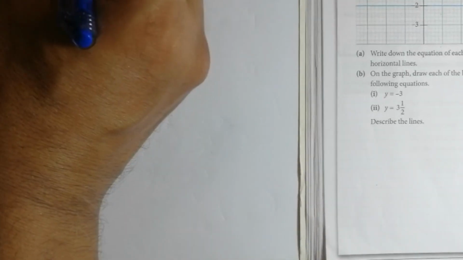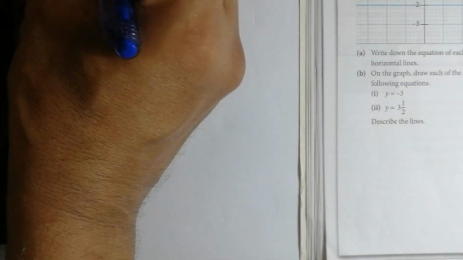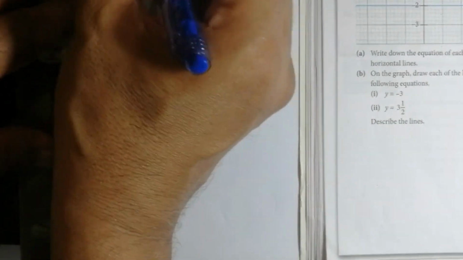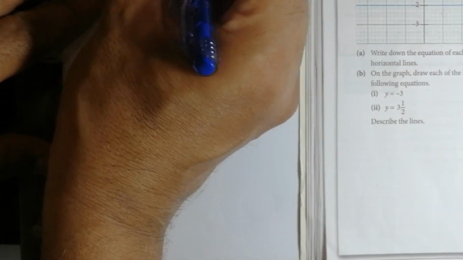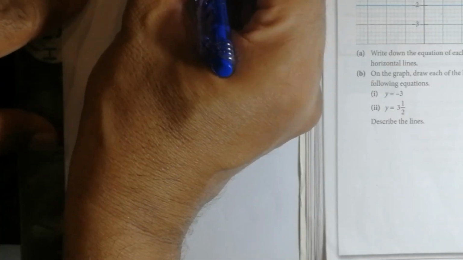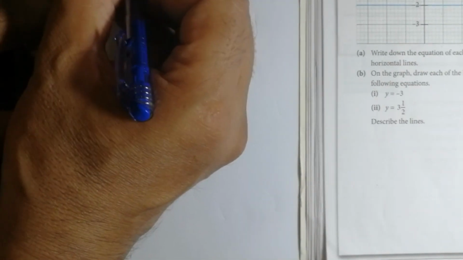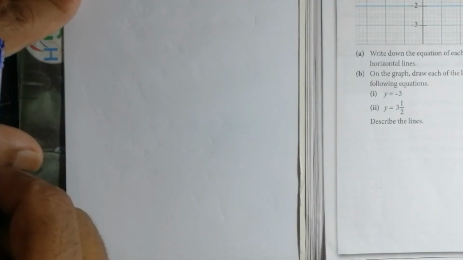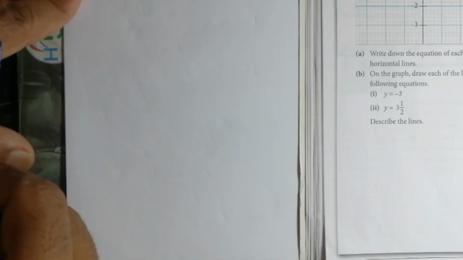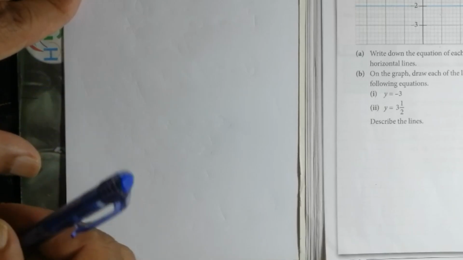Now part F of this question, 5x minus 4y equal to 0. Here you can see the constant is 0, so it means the y-intercept is 0, and this line will pass through the origin.